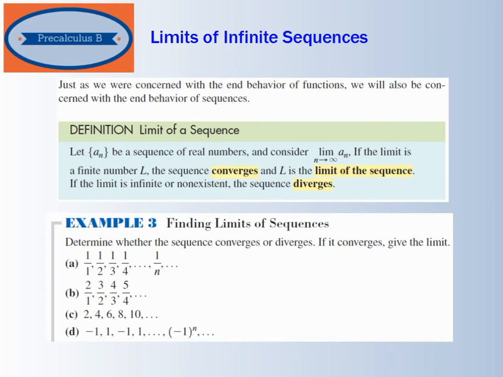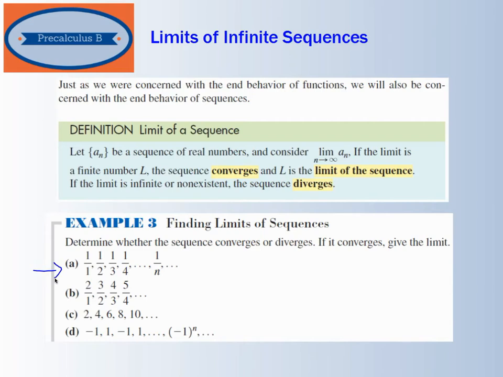So let's take a look at an example where we need to find the limit of sequences. If I want to determine whether the sequence converges or diverges, right, that's what we want to do. If it converges, then we want to actually give the limit. So if I take a look at the first sequence, 1 over 1, 1 over 2, 1 over 3, 1 over 4, 1 over n. All right, so the explicit definition is that it's just 1 over n.